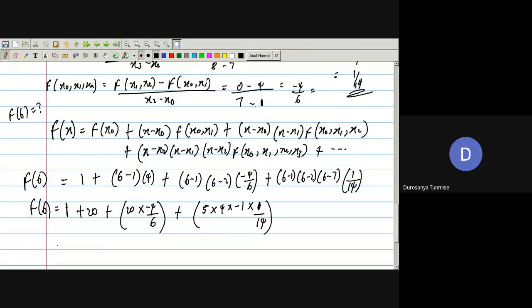So here 2 minus 1 gives 3, and minus 2 here is 3, so minus 40 over 3.